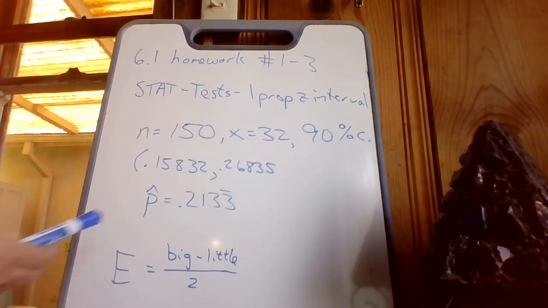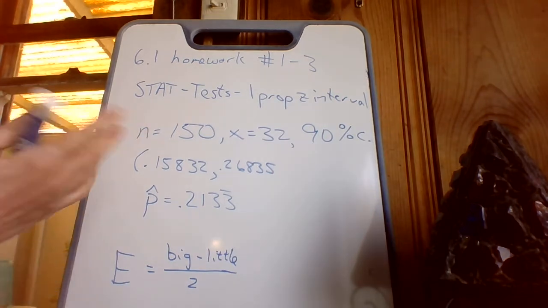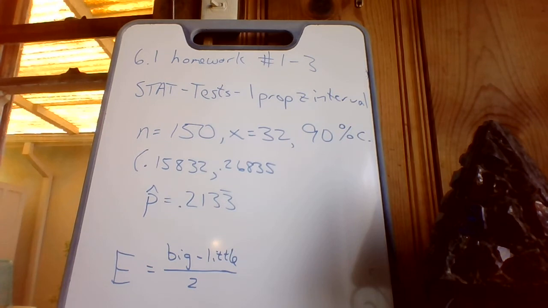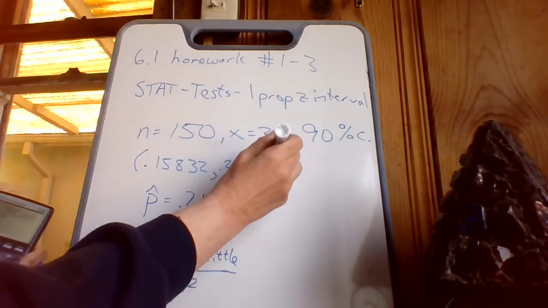This, the 21.33%, is the exact percent if I divided that out, 32 divided by 150. That's where that number is coming from. That is the answer I would give. It's 21%. And the other stuff, the interval, this is the confidence interval.